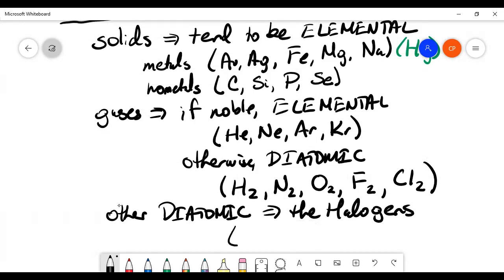I mentioned mercury was the one liquid in the periodic table. The other liquid in the periodic table is bromine, Br2. Bromine is a liquid. The one exception among the non-metal solids that is diatomic is the other halogen, iodine, I2.